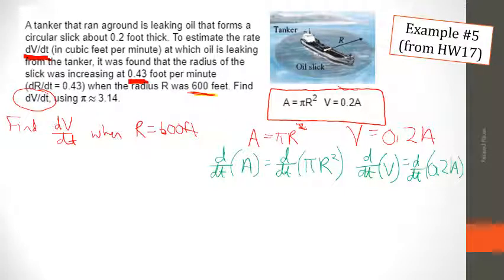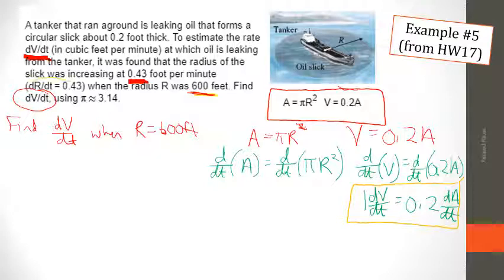So on this side, I get 1 dV/dt equals 0.2 dA/dt. Now this is what I'm trying to solve for, right? So if I just knew dA/dt, I would be good. But they haven't given me dA/dt.